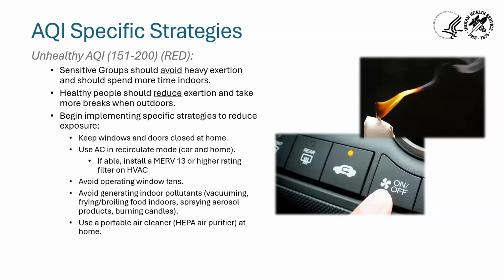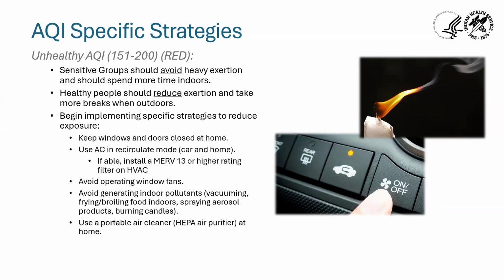Next, the air quality jumps up to 151 to 200, the red category. This is when you want to start kicking in those specific strategies, such as keeping your windows and doors closed at home, and making sure your home is weatherized to prevent smoke infiltration. Start using your air conditioning in recirculate mode.